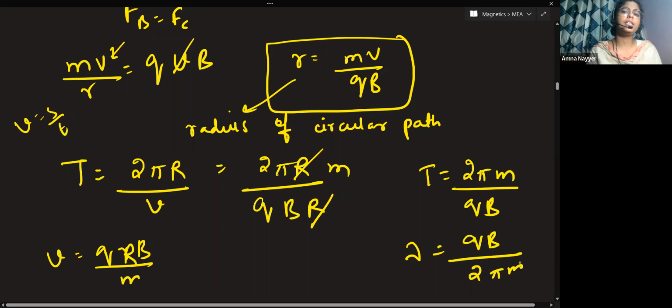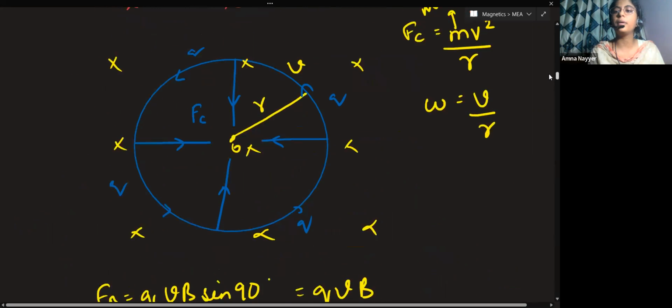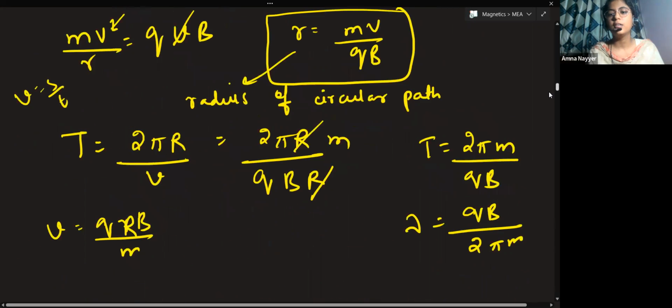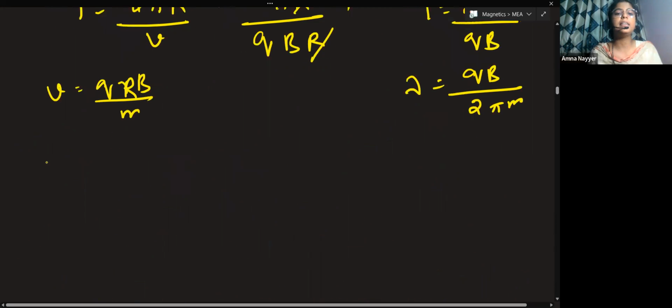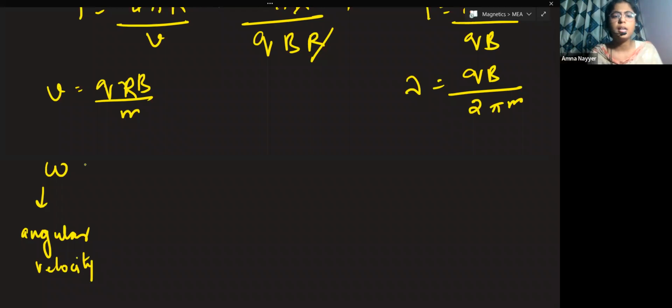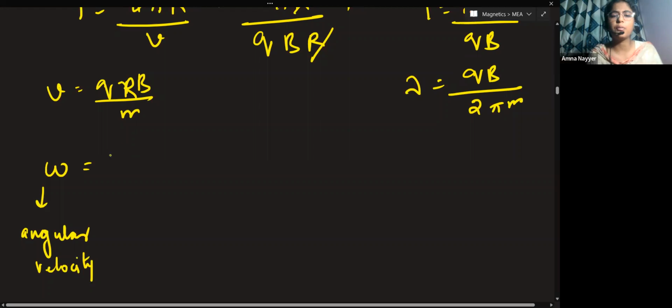All right, one more relation I made you write right now. That was what? Omega, angular velocity. So angular velocity is basically V by R. This is an interesting topic, at least compared to the previous topics that were becoming monotonous, because the questions are easy.